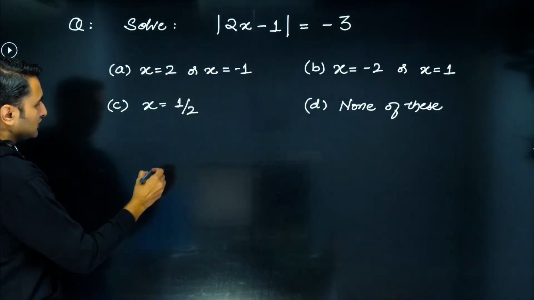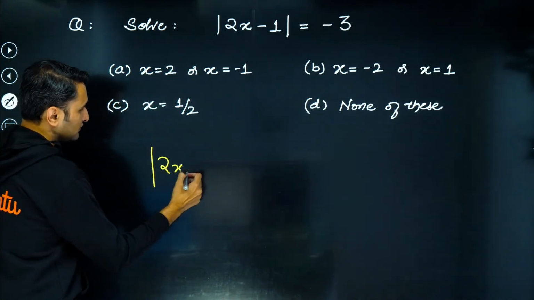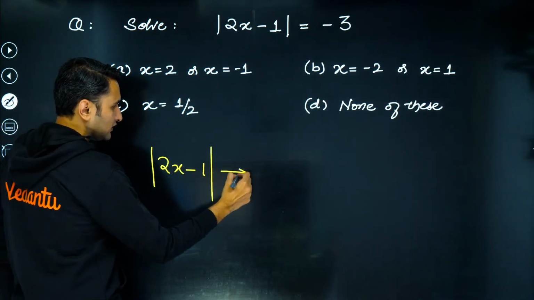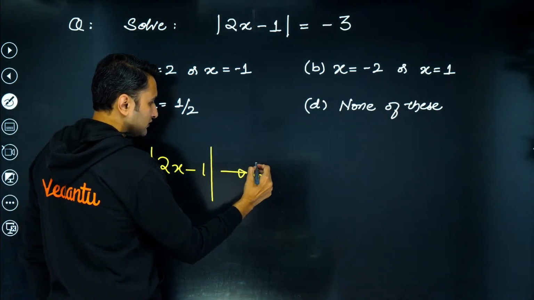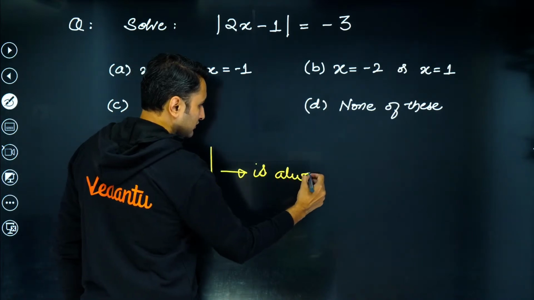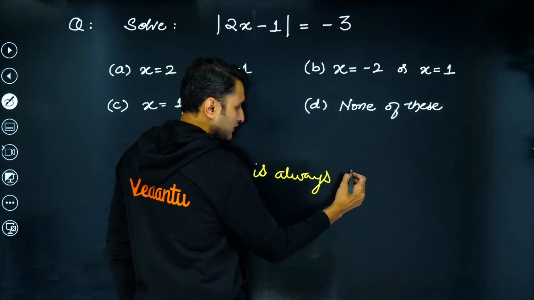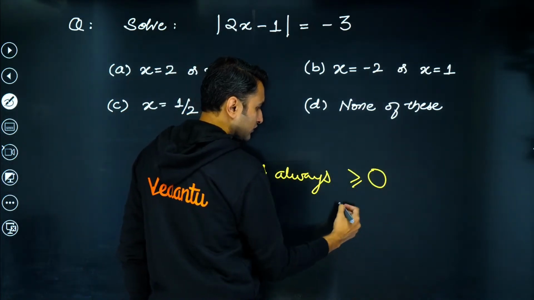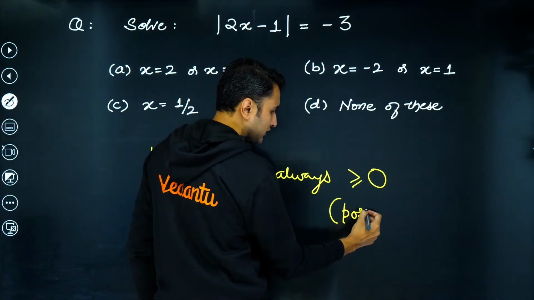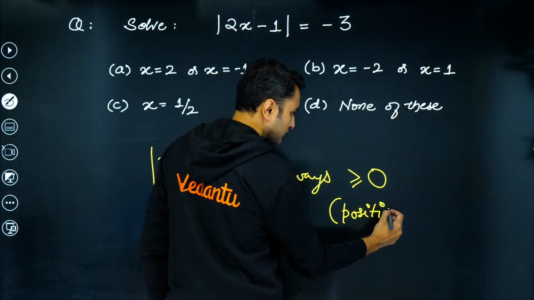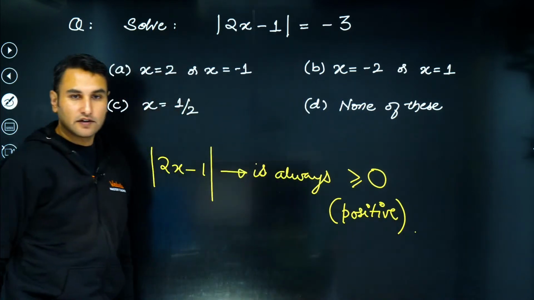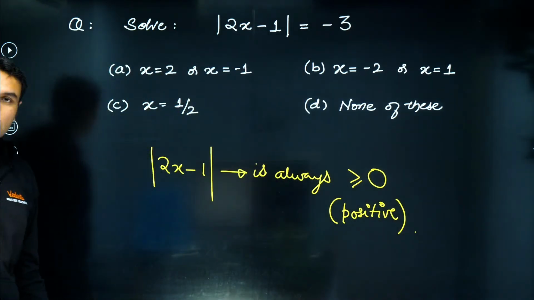A modulus is always greater than or equal to 0, or in other words, it is always positive. Right? The modulus is always positive.